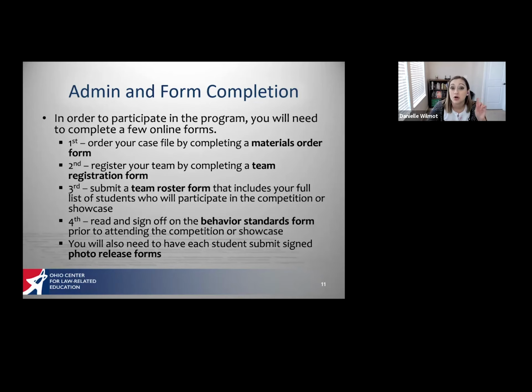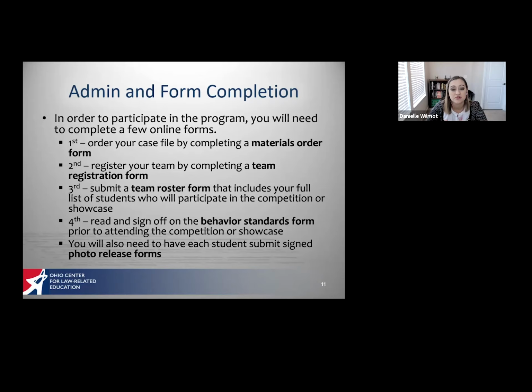You only have to order 1 case file for your whole school, but you have to do team registration per team. And once you've done your materials order form, your team registration, next up is team roster. Again, that's for each team. And that roster is just a list of students who are participating, so we know who is going to be at the trial. And all of these are done online on our website.